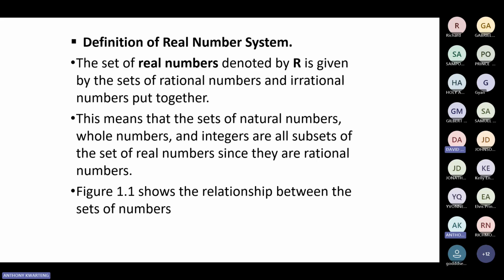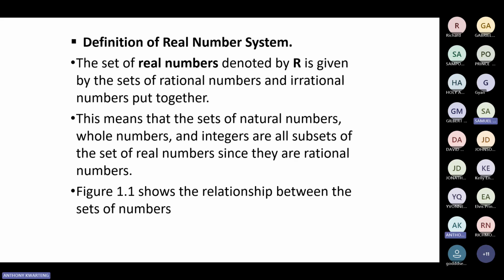If you go to the left side of 0 on a number line, these are the negative numbers. So when you put the negative whole numbers, the positive whole numbers and 0 together, we get what we call integers. We have all of them in Unit 1. They are very self-explanatory there.